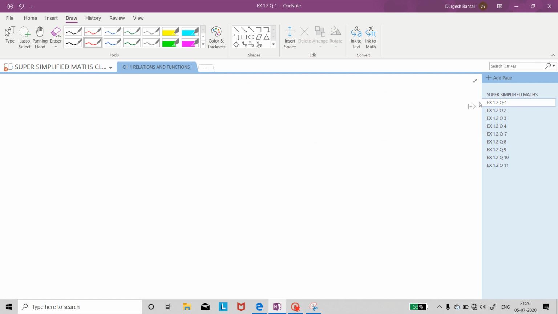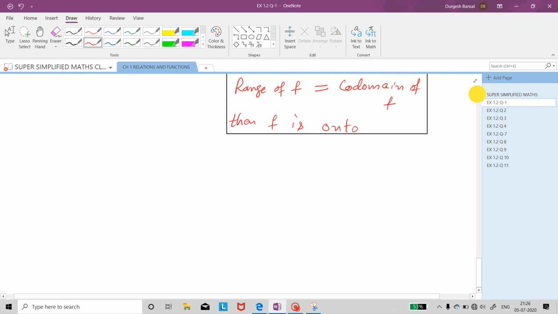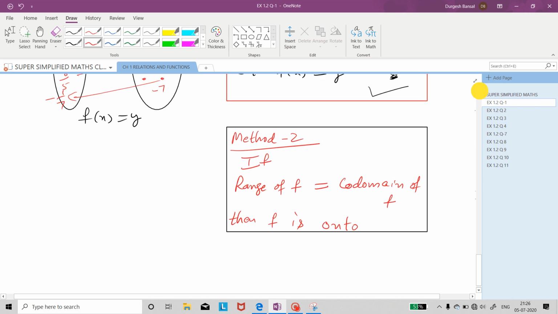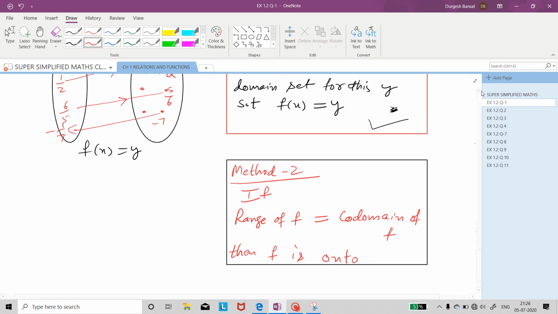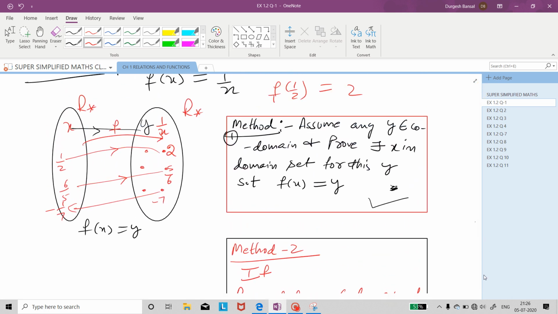So you can use any of the two methods. You are not going to use both the methods in the same question. You are going to use any one of the two methods.